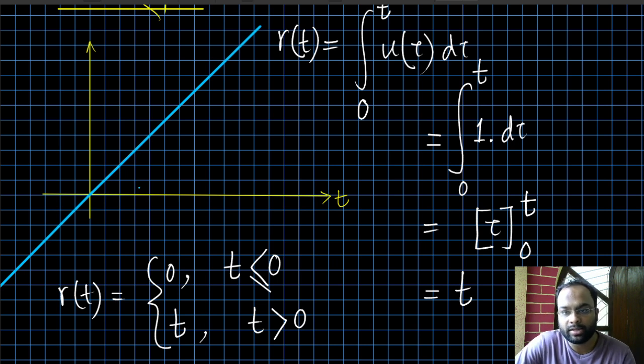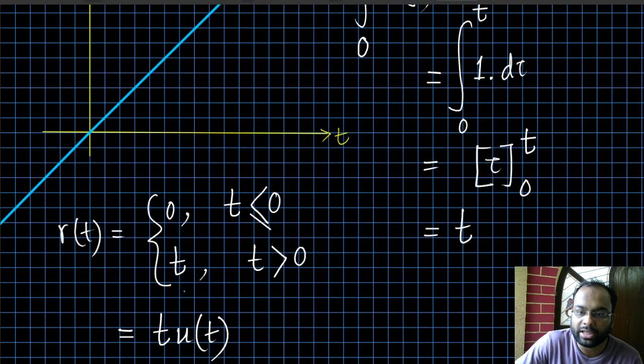So that's t, very simple. The signal is basically equal to t. At t equal to 1, the value of the signal is 1. At t equal to 2, the value is 2. At t equal to 0, the value is 0. At t equal to -1, the value is -1, and so on.